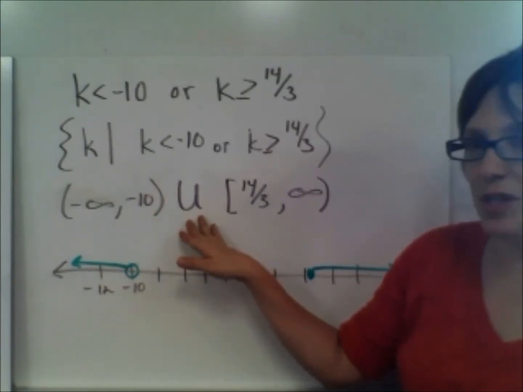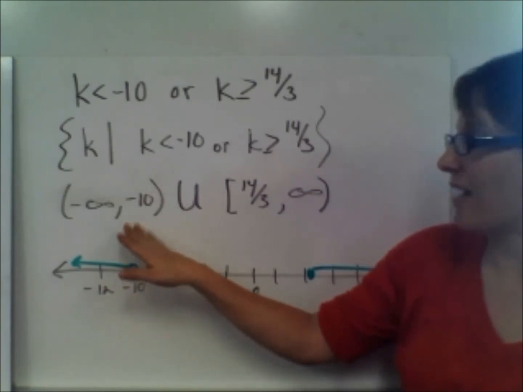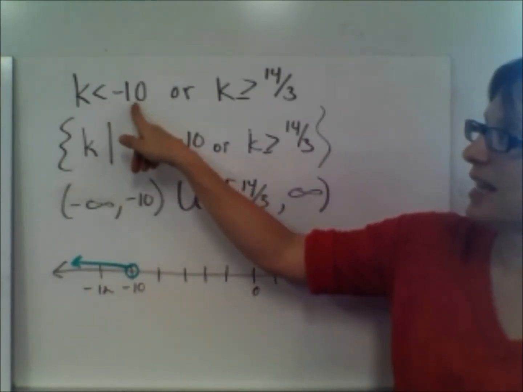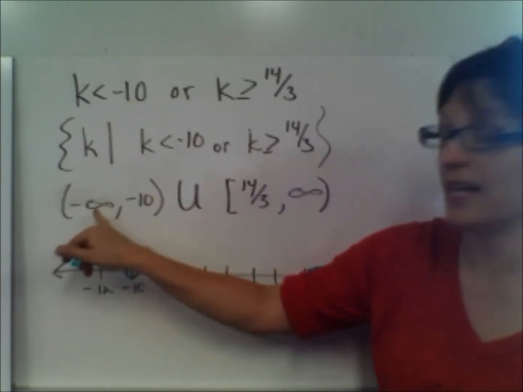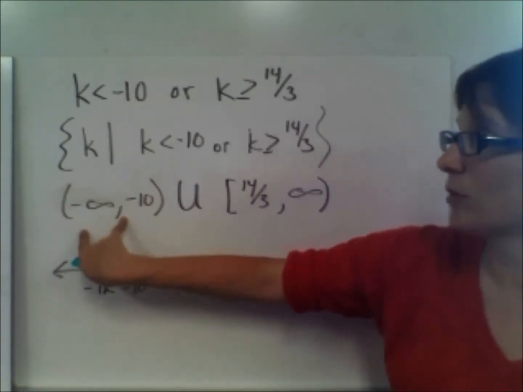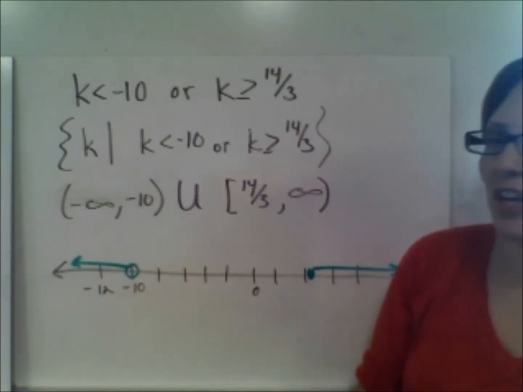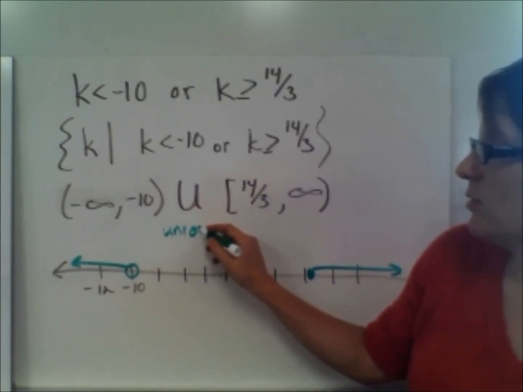The funny thing with interval notation is that because there's two answers, I'm going to have two different sets of intervals. If k is less than negative 10, the smallest it can be is negative infinity. The highest it can be is negative 10. So I've got those in parentheses because it's not equal to. And then I have this funky u, and this u stands for the word union.